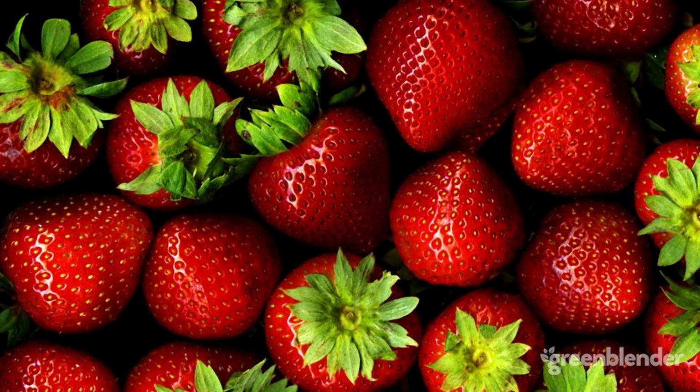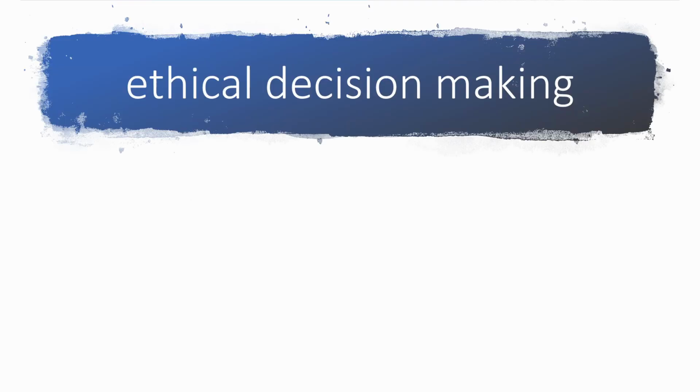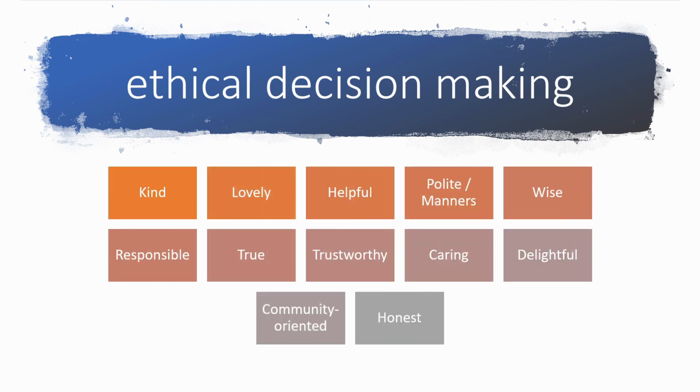Now, the very first part of that says ethical. And that's one word that we don't use every day. So let's look at the word ethical and what it means. When I think of the word ethical, I think of all of these synonyms. Team, say synonyms. Synonyms represent words that mean the same thing. So when I think of ethical, I think of kind, lovely, helpful, polite, using my good manners, having wisdom or being wise, being responsible, true, trustworthy, caring, delightful, community-oriented, and honest.